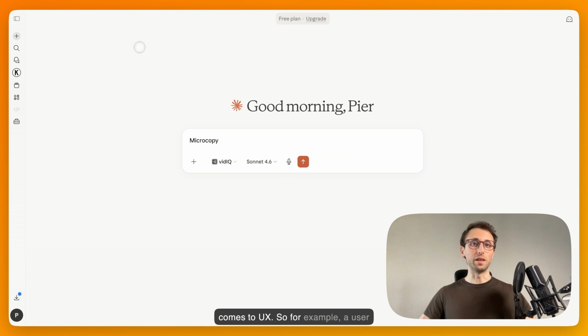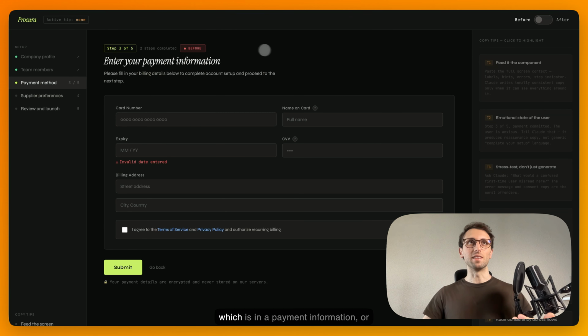So for example, a user on a payment information or payment request screen is in a specific, emotionally charged state. So the way that you approach the microcopy is going to be dictated both by logic and also by emotion. And this is something that you want to give Claude context on.